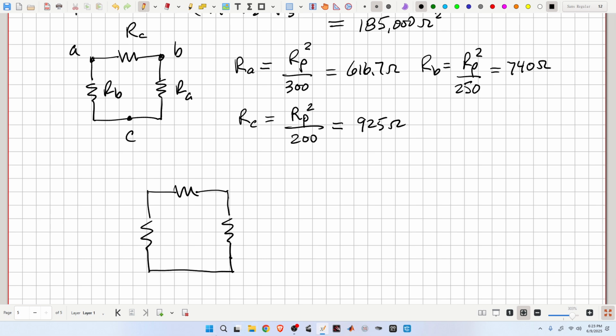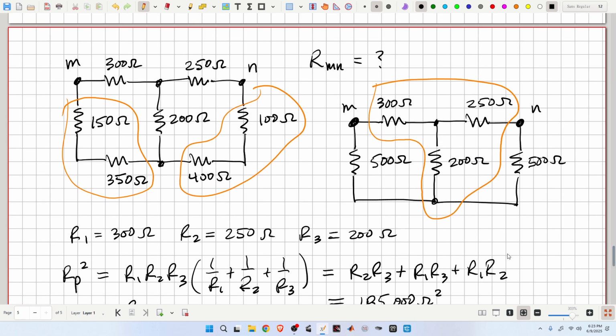And this has Ra is our 616.7. Rc is 925. And Rb is 740.